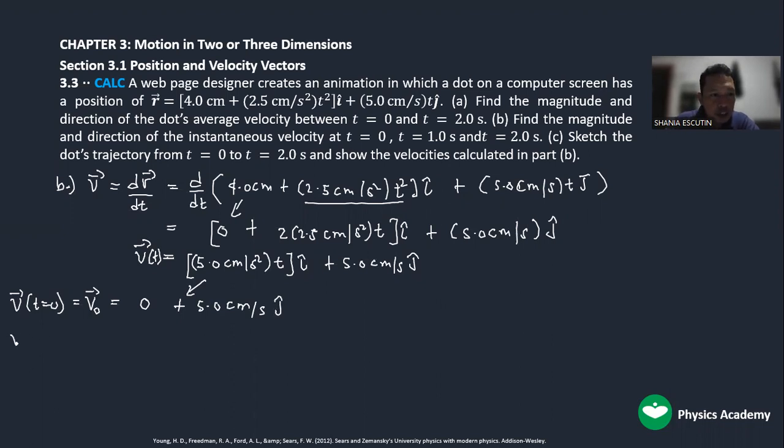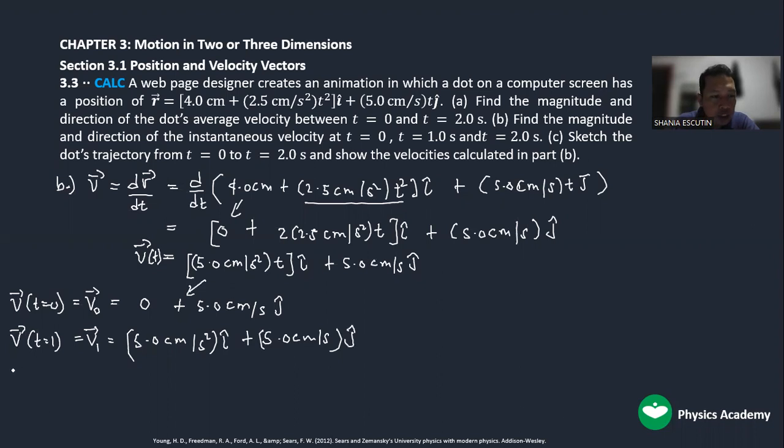So for t equal to 1, we call this one v sub 1. So we have 5.0 centimeters per second squared times 1, i hat, plus the same, since it's not a function of time anymore, j hat.